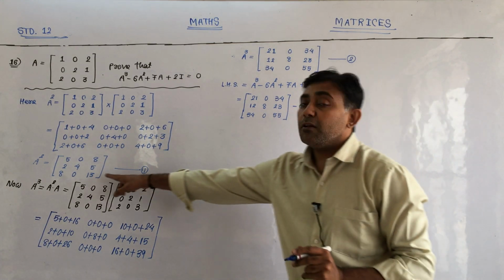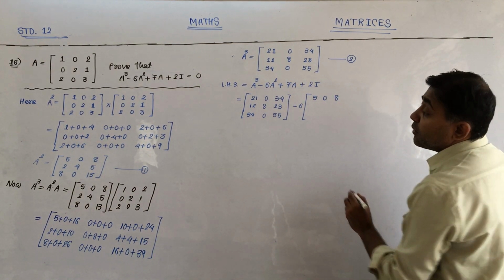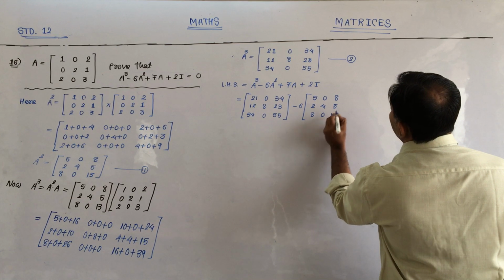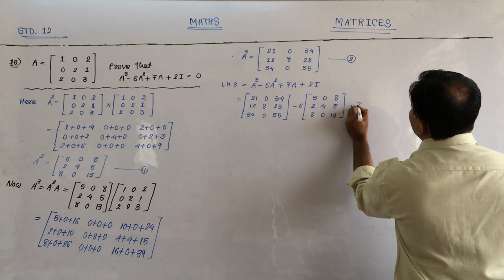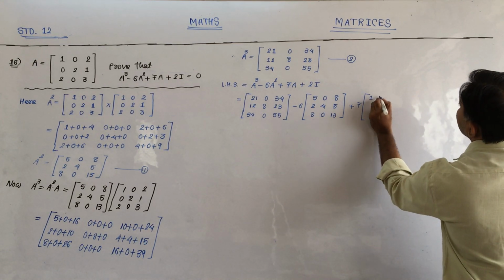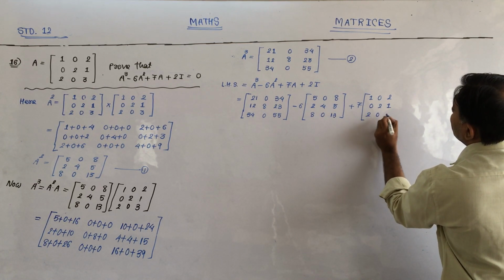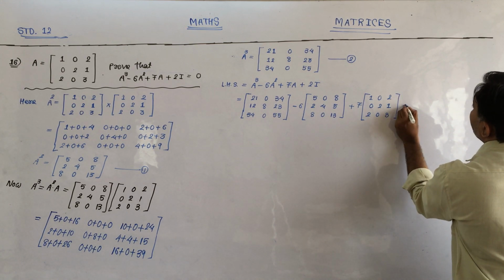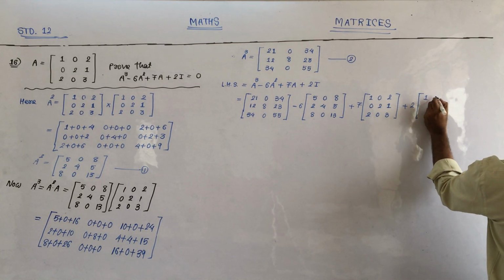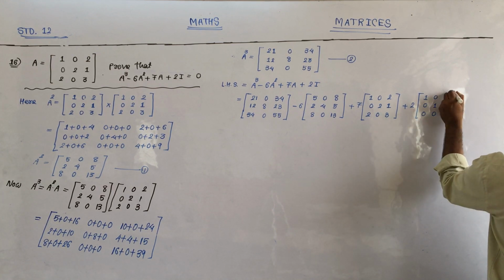A square is the matrix from result number 1, 5 0 8, 2 4 5, and after that 8 0 13, right? Plus 7 times matrix A. Now matrix A means the given matrix 1 0 2, see here 0 2 1, and third row 2 0 3, and plus 2 times matrix I means the unit matrix 1 0 0, 0 1 0 and 0 0 1, which means identity is there.